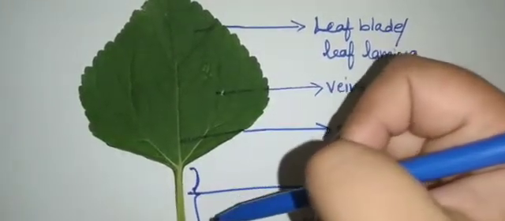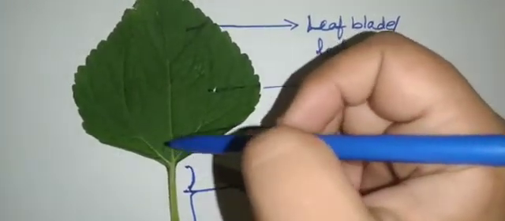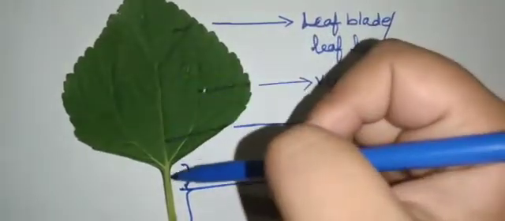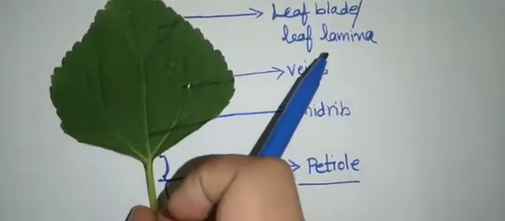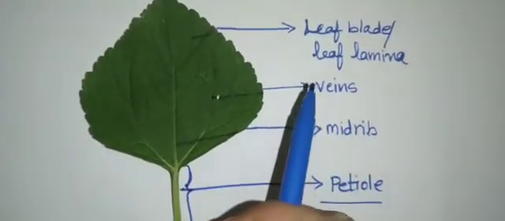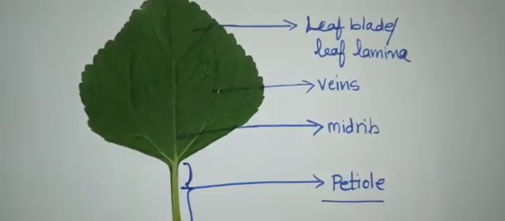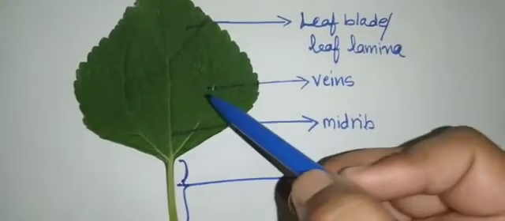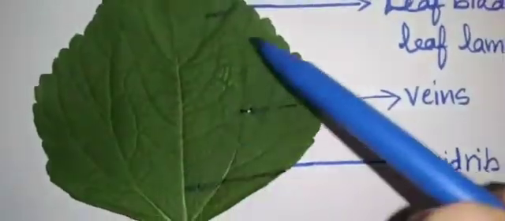The thick vein runs in the middle of the lamina. We call it a midrib.